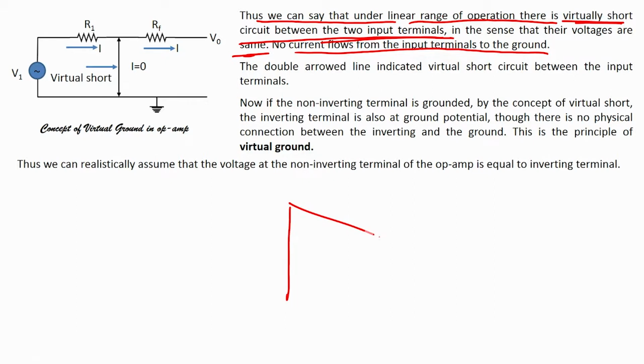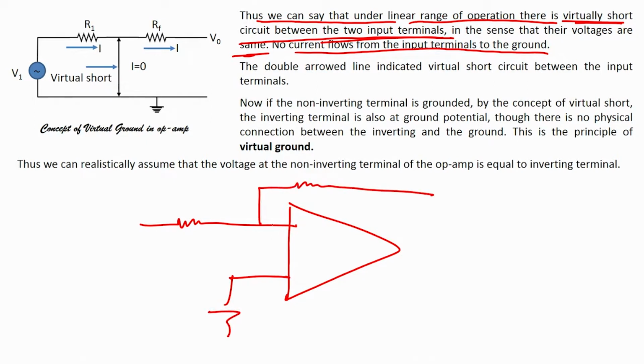If I draw a circuit and I have ground here, then this terminal minus and plus, let us say this is V minus, this is V plus, then this is at virtual ground because this is ground.